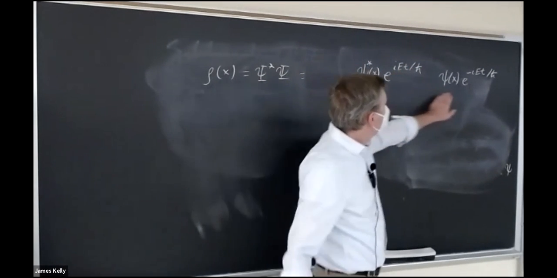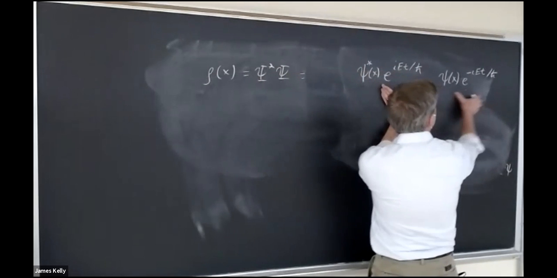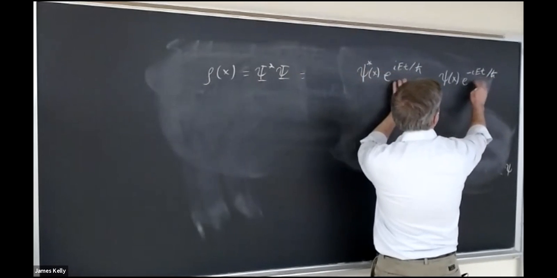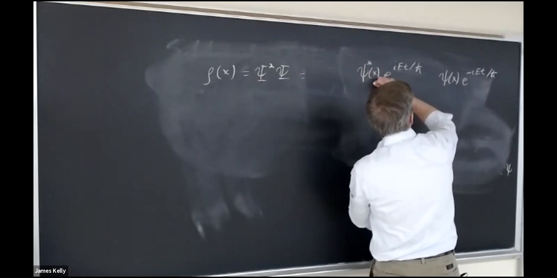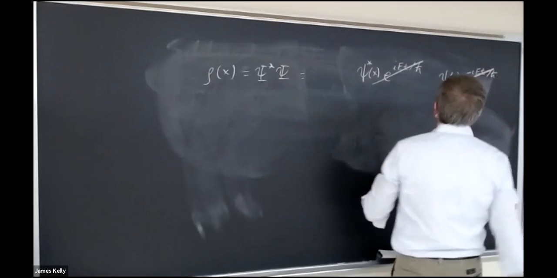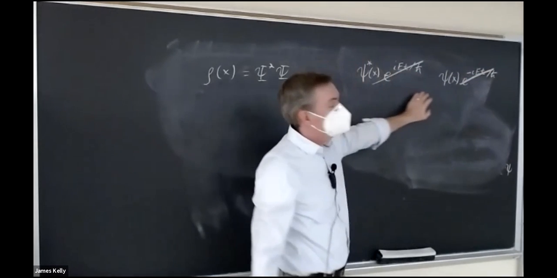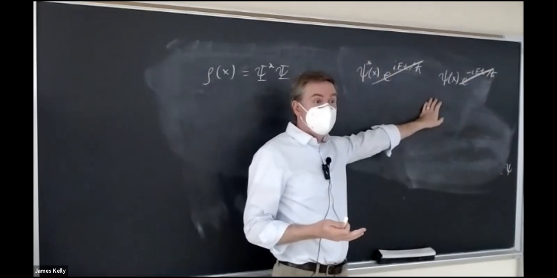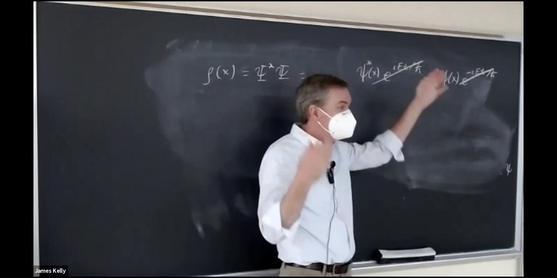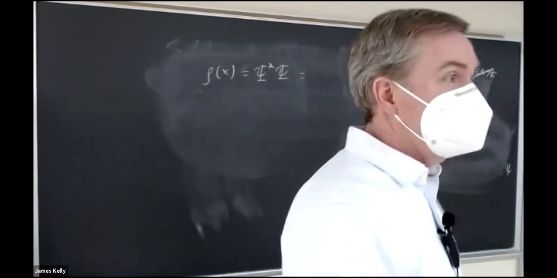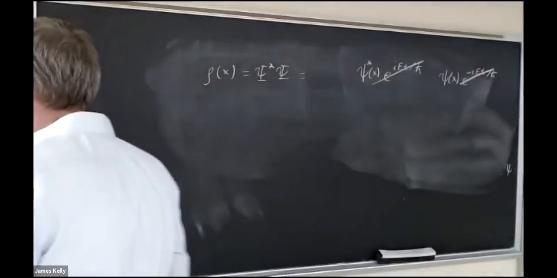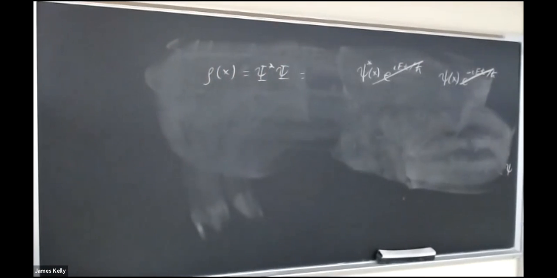These are just ordinary functions of x and t, so we can commute this through, and these two things multiply together to give 1. What we're left with is just a function of x, with no t dependence, and that means that rho of x is independent of time. The same, we claim, is true for all other probability density functions, but that shows it's time independent.